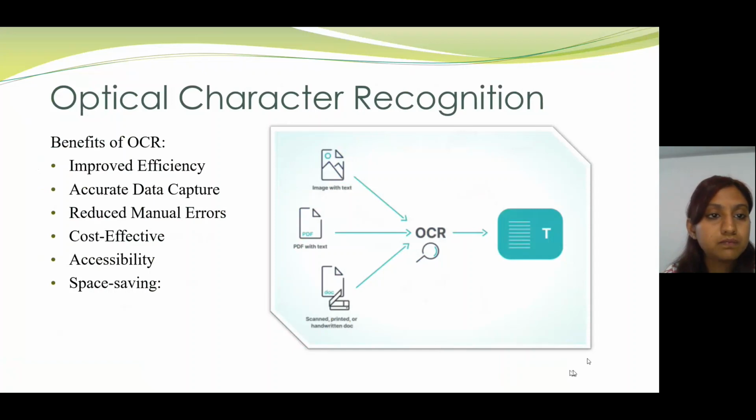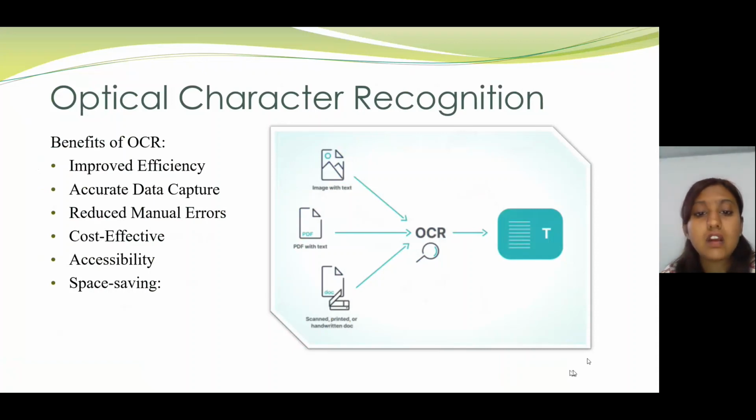There are some useful benefits of this. Improved efficiency, and it gives accurate data capture. Reduced manual errors: with OCR, manual errors can be reduced since the software automatically recognizes the characters and reduces the risk of human error. Cost effective: it reduces the need for manual data entry staff, thereby reducing the cost involved in manual data entry processes.